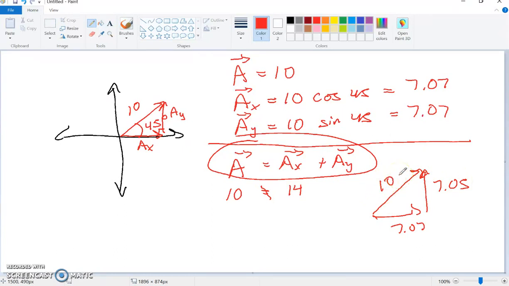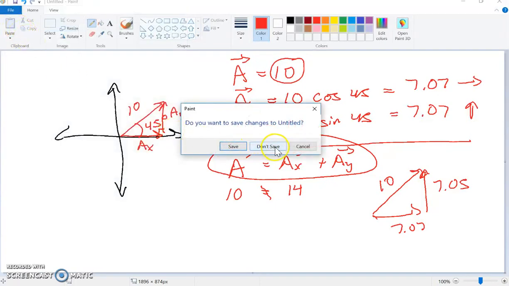The components of A are 7.07 going to the right and 7.07 going up. And when you combine those using triangle math, you get back to 10. And so you can take any vector and find its x and y components.